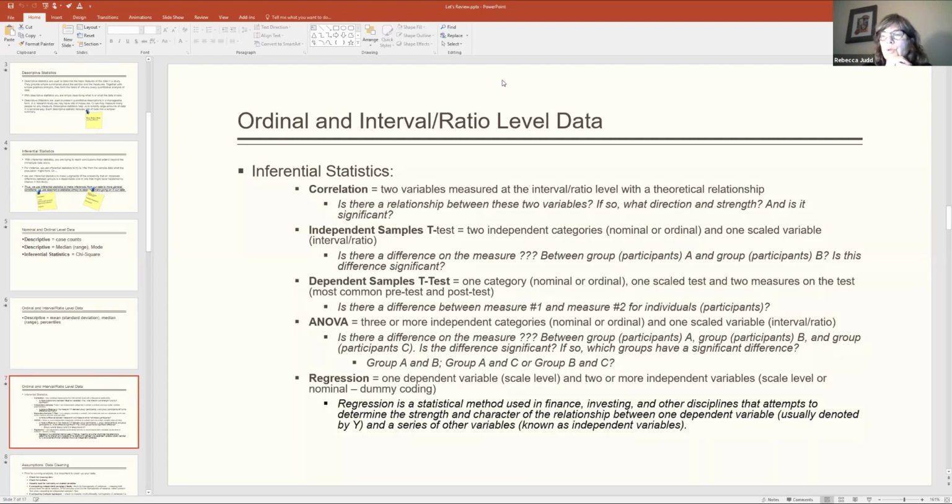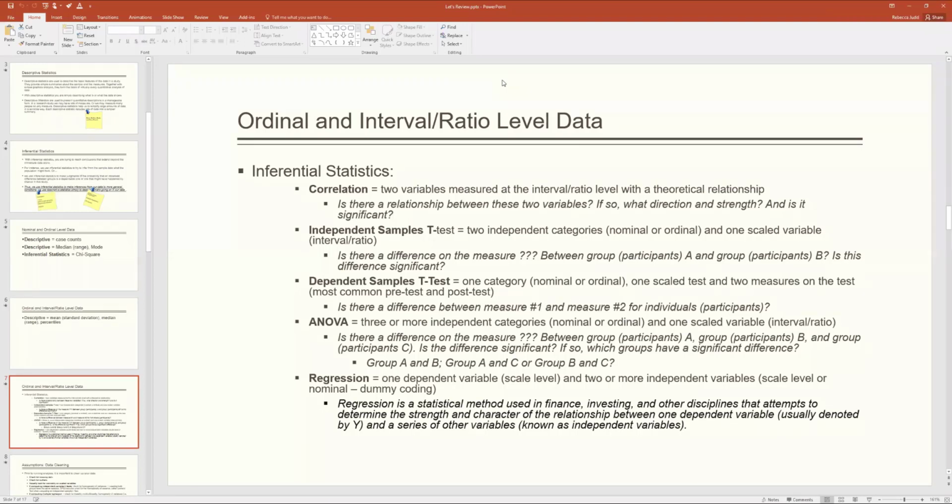And if so, what direction and strength is the relationship, and is it significant? So for inferential statistics, again, ordinal, you might be able to do this. Interval ratio, you always can do this. Both the variables have to be at the interval ratio. So correlation, are the two variables correlated? So what's the direction, what's the strength, and is it significant?